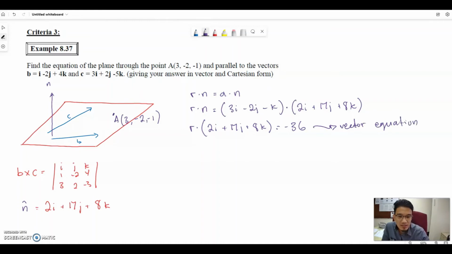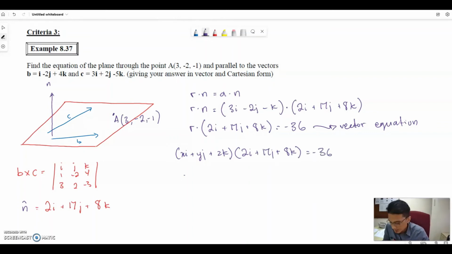In Cartesian form, it will be (xi plus yj plus zk) dot (2i plus 17j plus 8k) equal to -36.